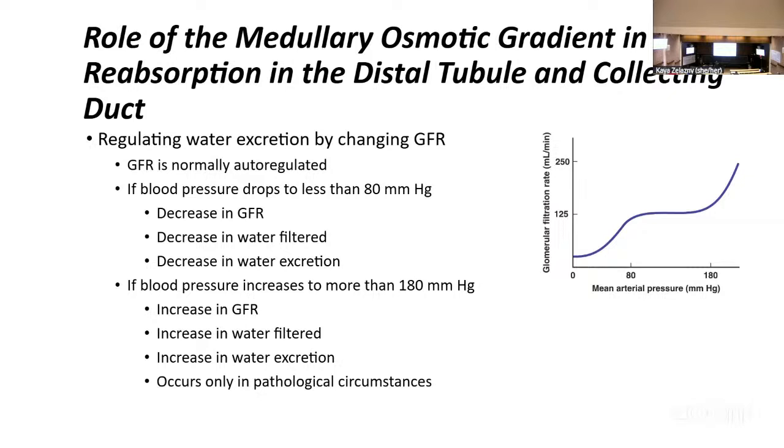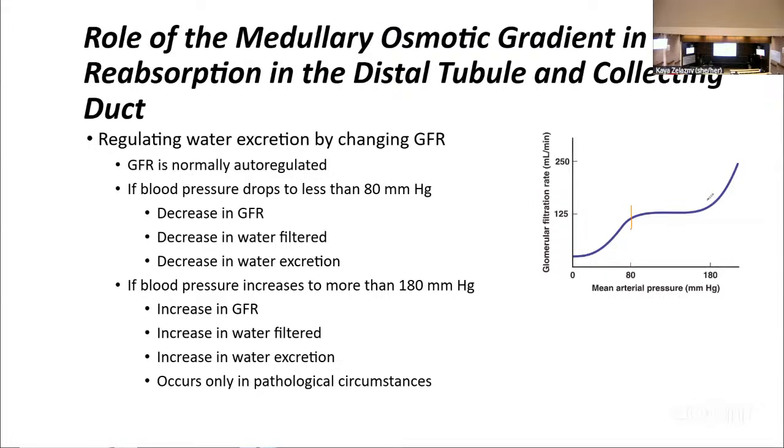Okay. So we talked about regulation in this normal range of our glomerular filtration rate. We had this big plateau, and we could do that because we had 3 different mechanisms for trying to keep our glomerular filtration rate in place.